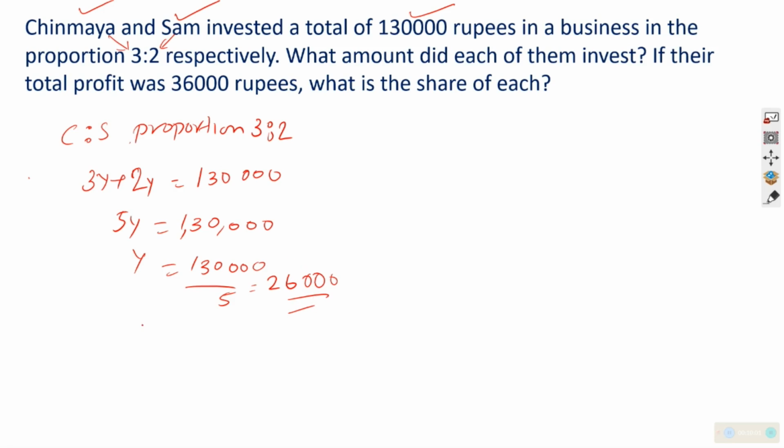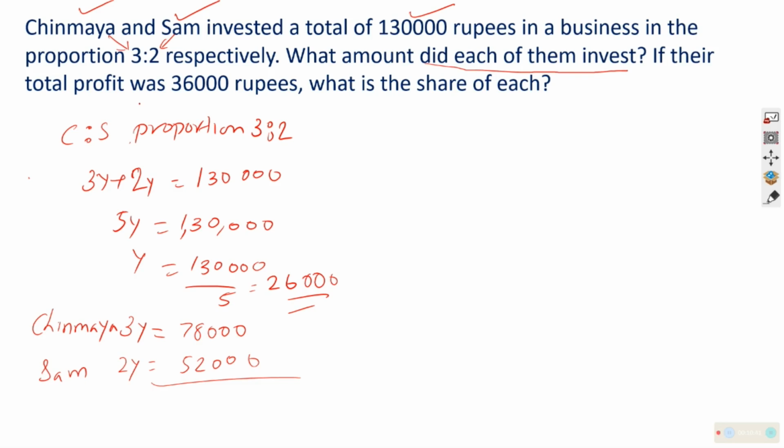That means 3y is equal to 3 into 26,000, which is 78,000, and 2y is equal to 52,000. Okay, total 1,30,000. This is the investment. What is the amount each of them invest? This is the first question. How much they invested? 3y stands for Chinmaya, and this is for Sam.